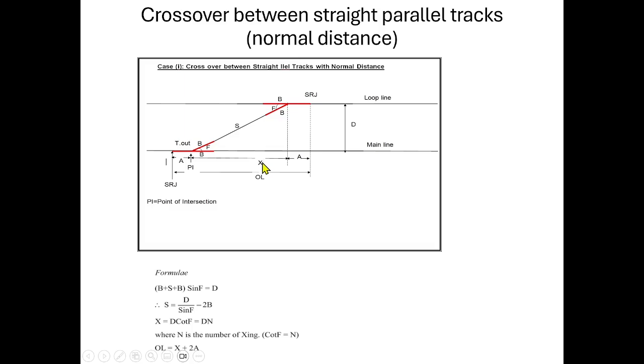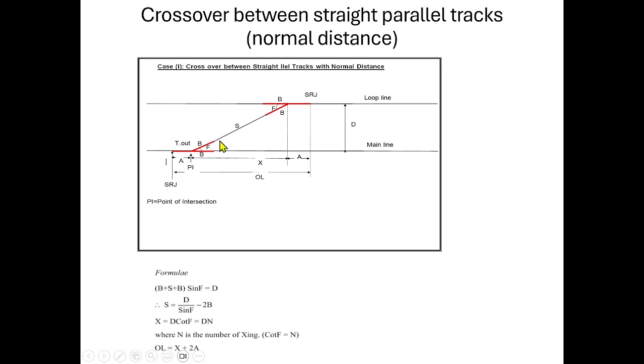Once we know the x distance, adding 2a, since we have the same turnout, we will be able to get the overall length. So this is the procedure to find out our required distance of OL. Suppose we want to know the straight distance in between the heel of crossings, that is the hypotenuse.